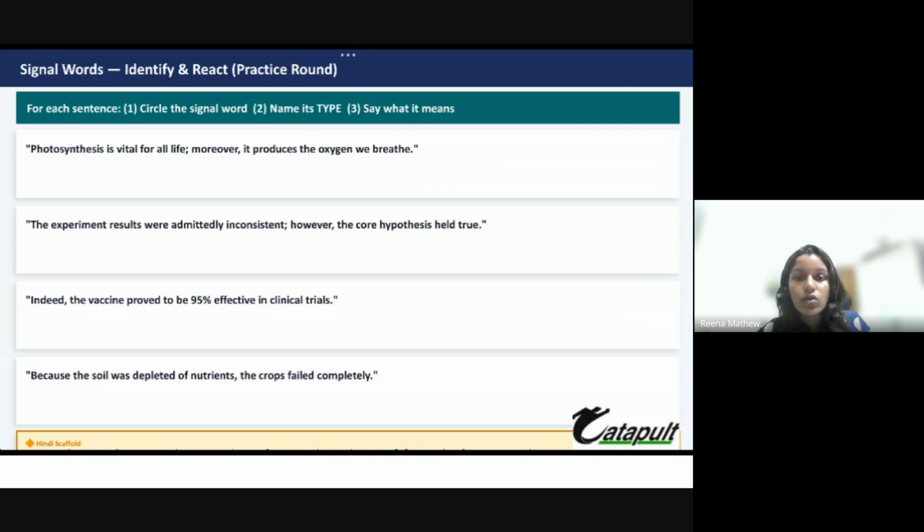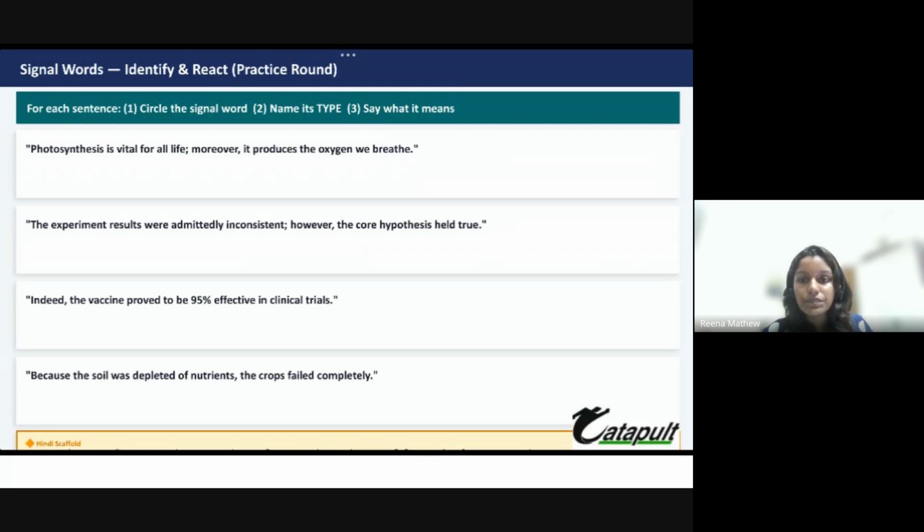So what is the main idea? The hypothesis is still held and valid. That is the meaning. Okay, look at the third sentence. Indeed, the vaccine proved to be 95% effective in clinical trials. Very good. Indeed is the signal word.